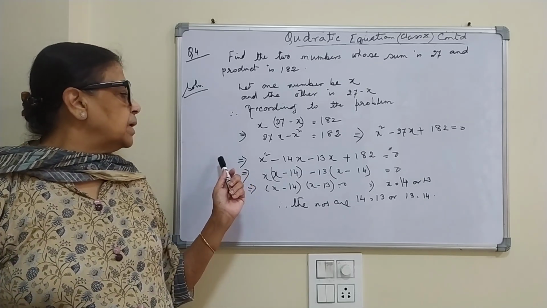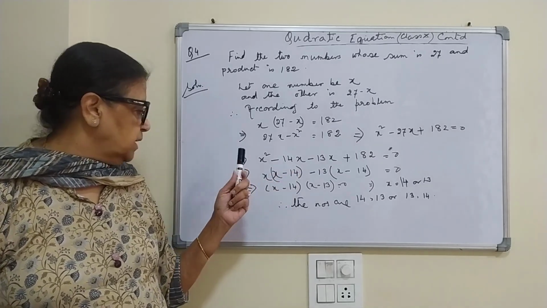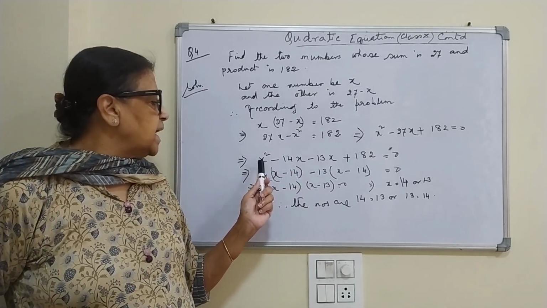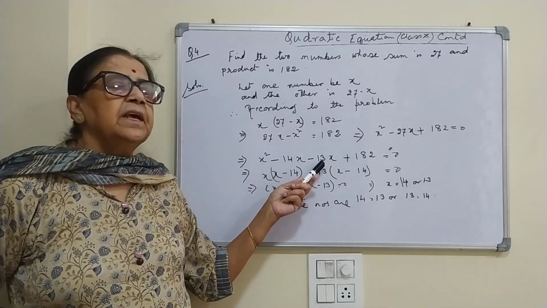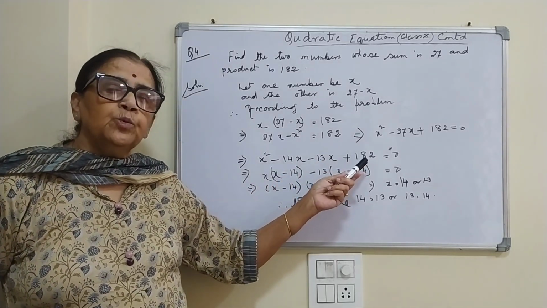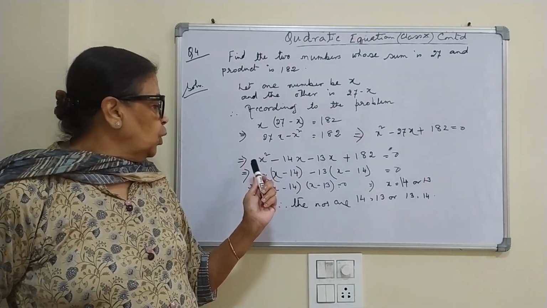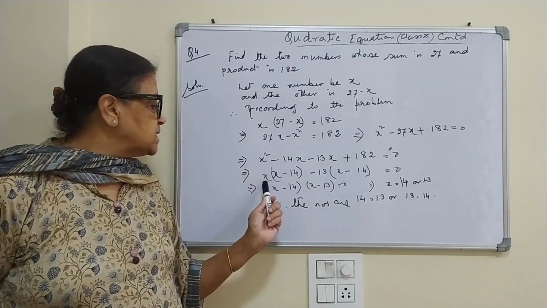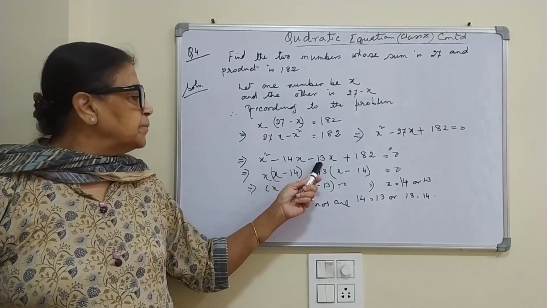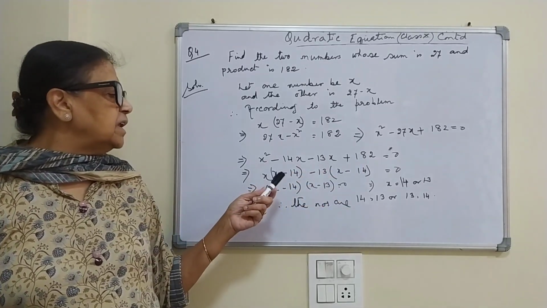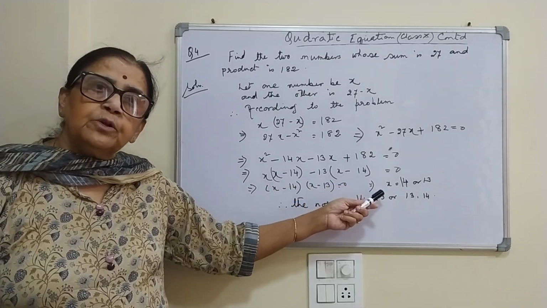So my middle term splitting is 14 and 13. It implies x square minus 14x minus 13x plus 182 is equal to 0. I take x common from the first two, so we get x minus 14, and from the last two it is minus 13, giving x minus 14 is equal to 0.